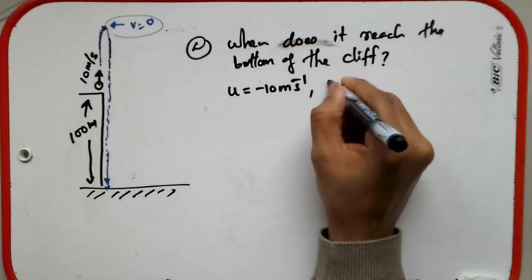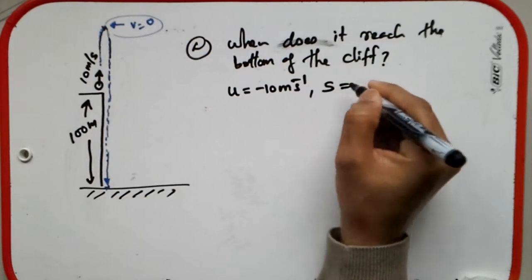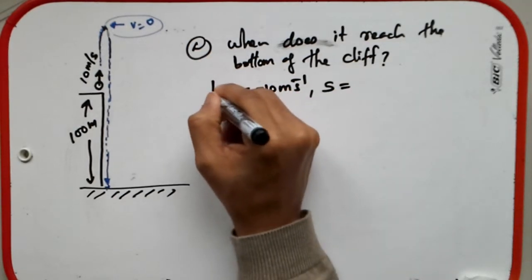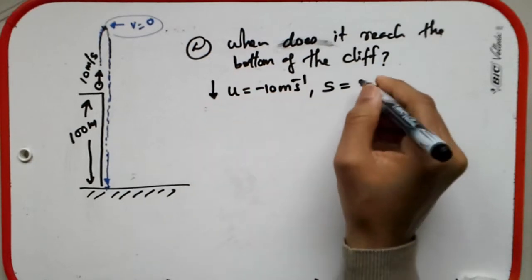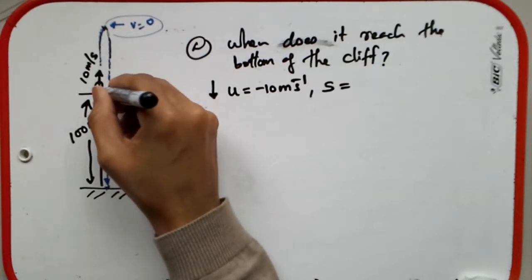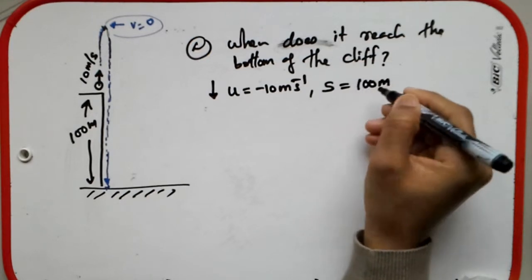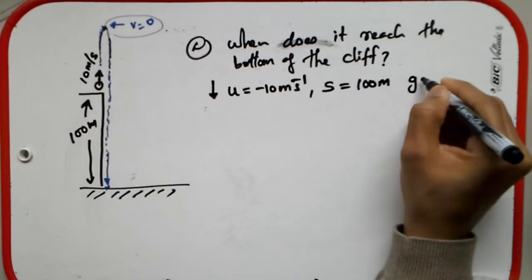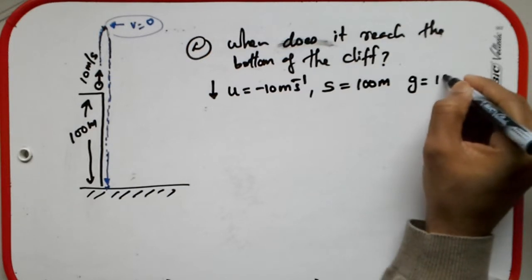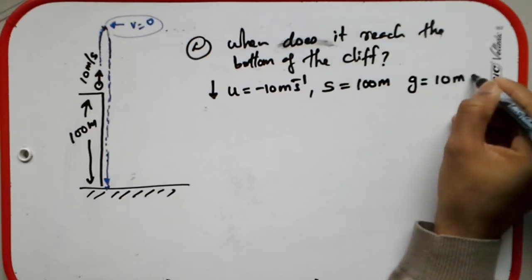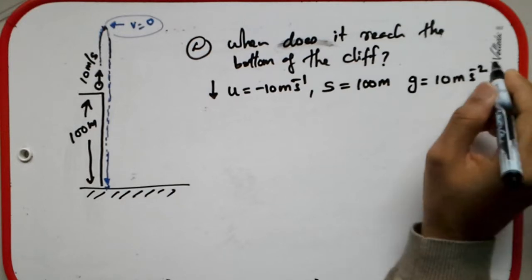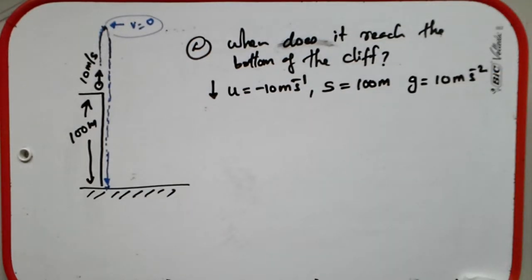And because I'm going to use my equation downward, the S is 100 meter, and what is gravity? G is 10, that is also downward, meter per second squared. So we have all these quantities. Do you understand what I'm saying?